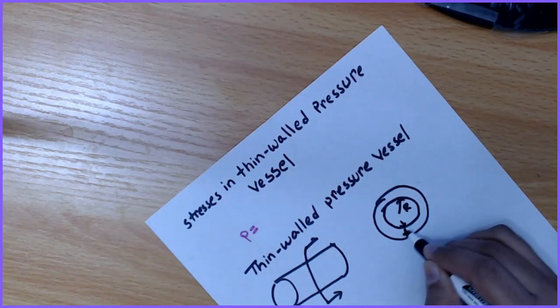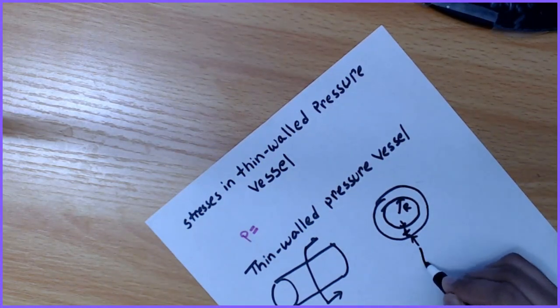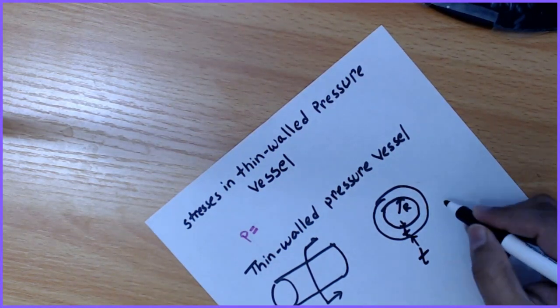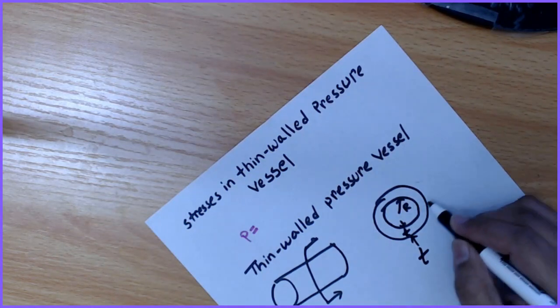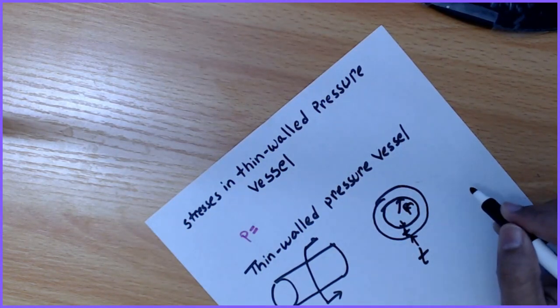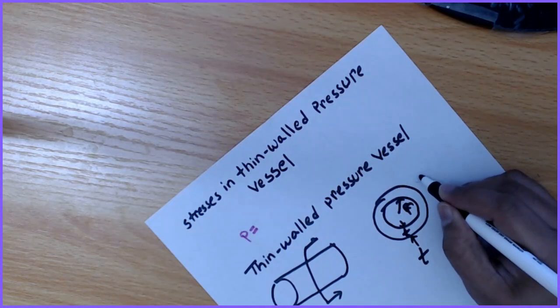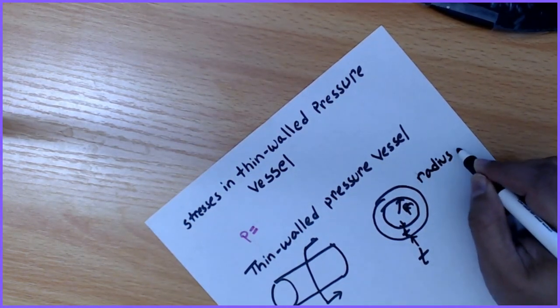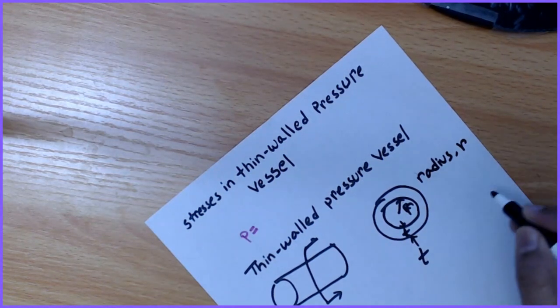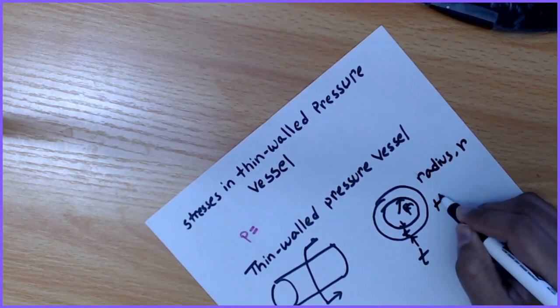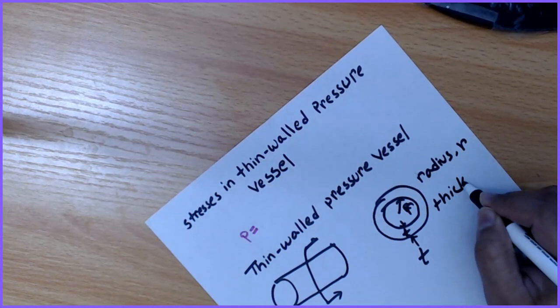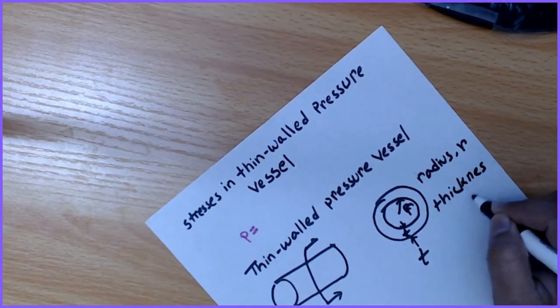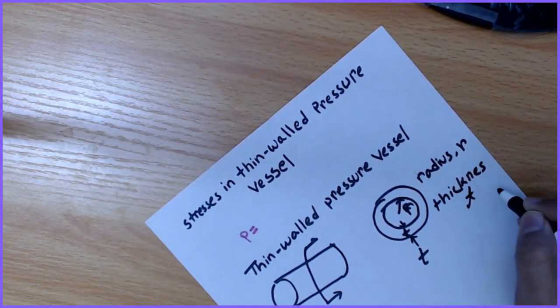I define this thickness as T. So the radius of the vessel is R, and the thickness is defined by T.